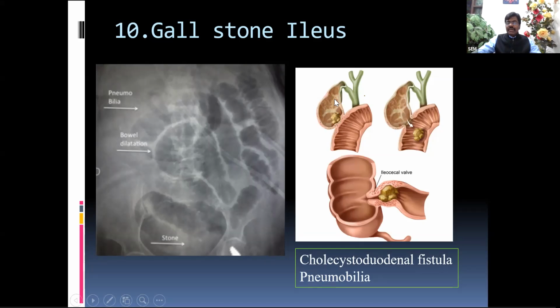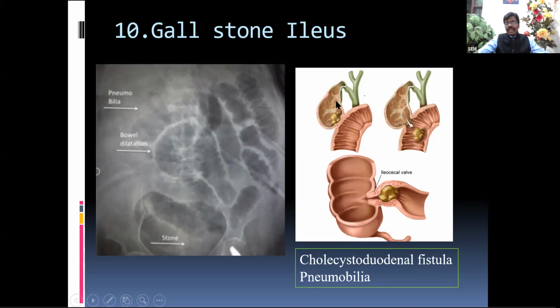So it causes the fundus of the gallbladder to get attached to part of the second part of the duodenum. The second part of the duodenum is also in your right upper quadrant, just below the gallbladder fundus. So you develop a fistula called a cholecystoduodenal fistula.